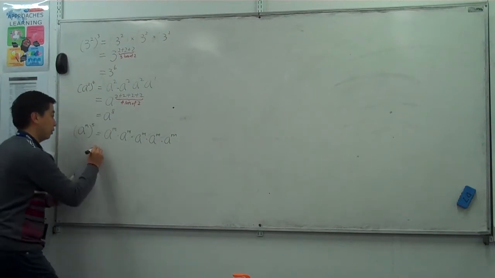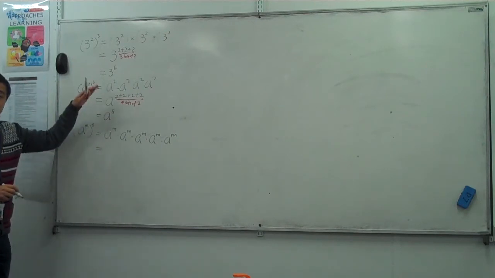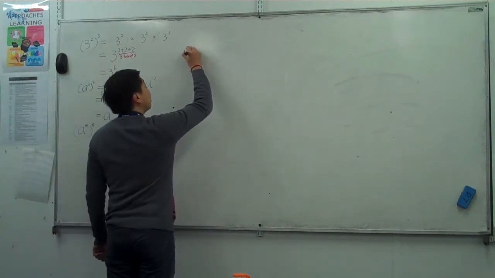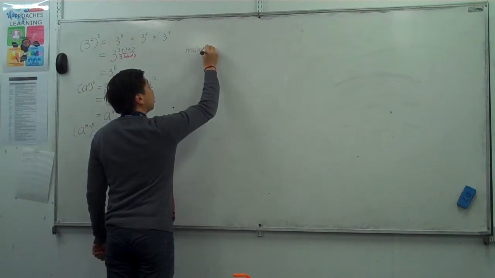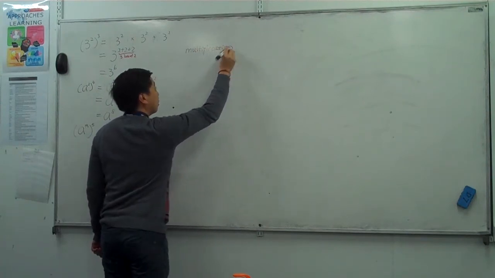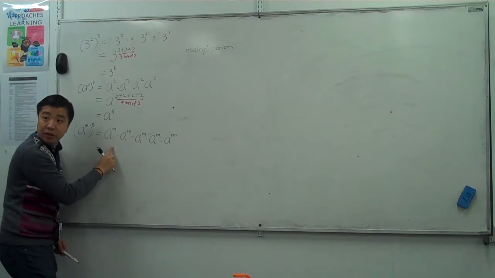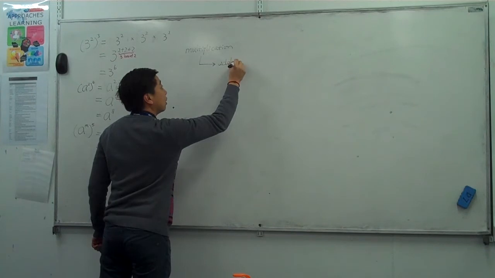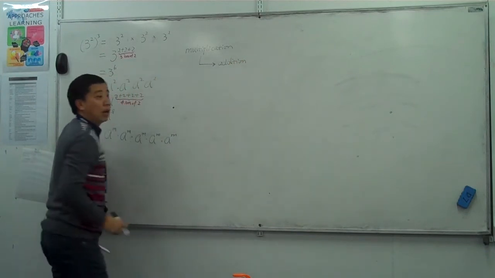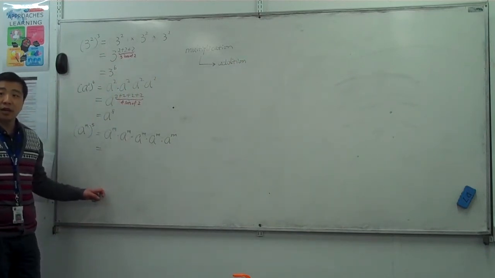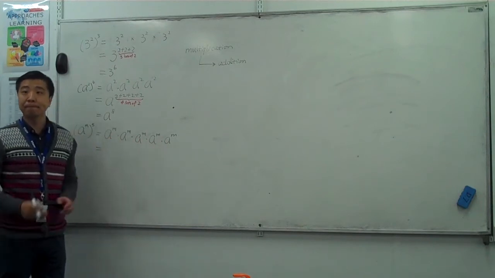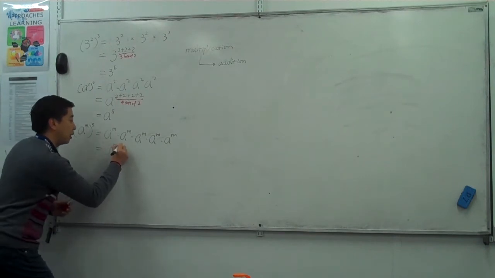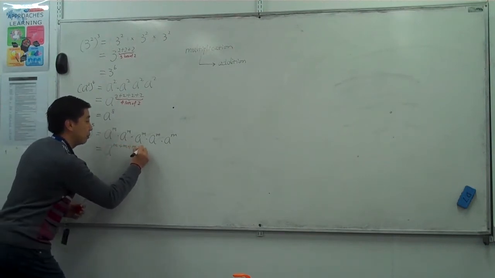Now, according to the law, this is the 3rd time I talk about the law. If you do multiplication, you need to add all the power. So, a to the power of m plus m plus m.